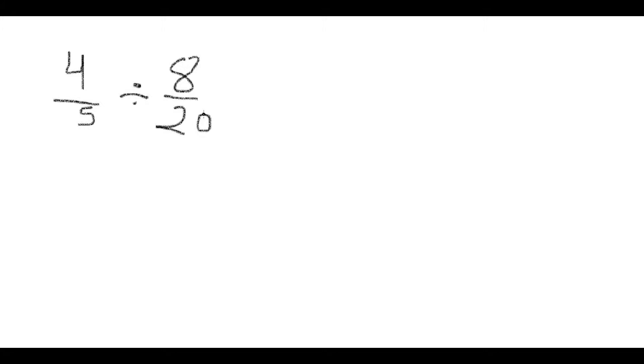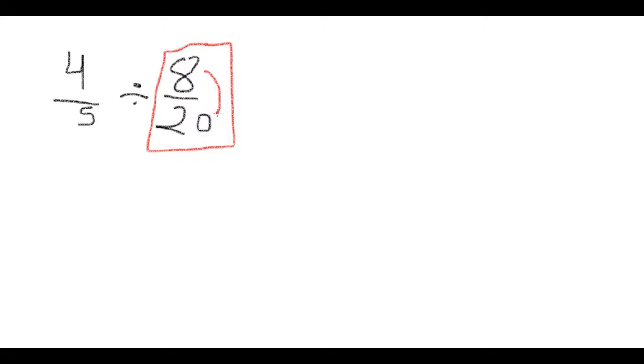Now let's erase that. Another thing we need to understand is fractions. So let's say we have 4 over 5 divided by 8 over 20. What we have to do is change one fraction.